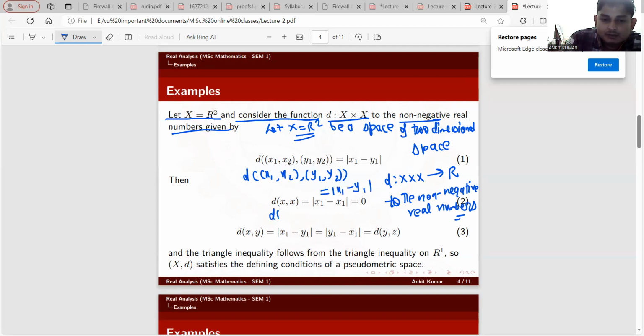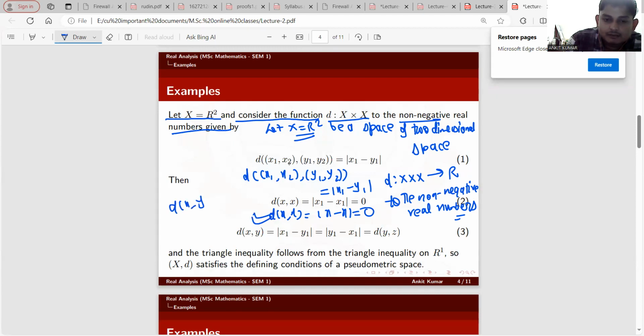Okay. So d of x comma x is equal to x minus x, which is equal to 0. Okay. And this is the non-negativity condition.